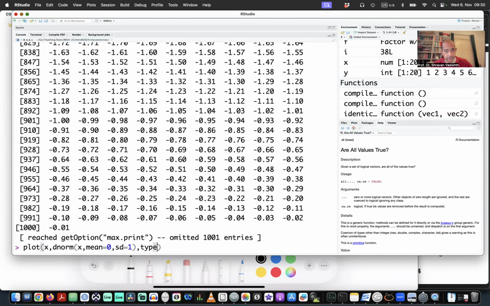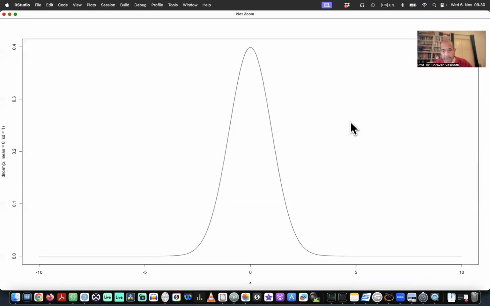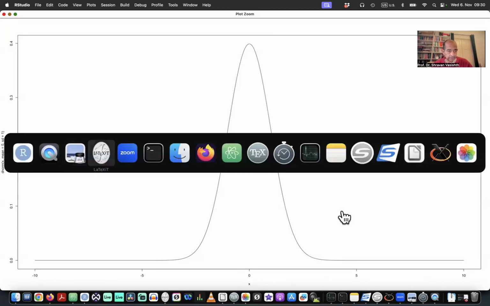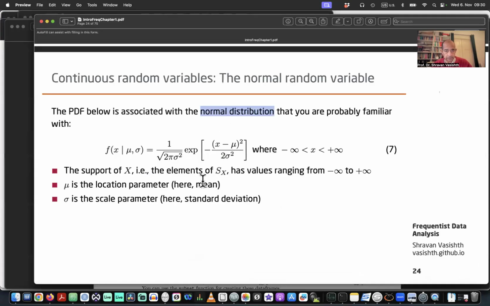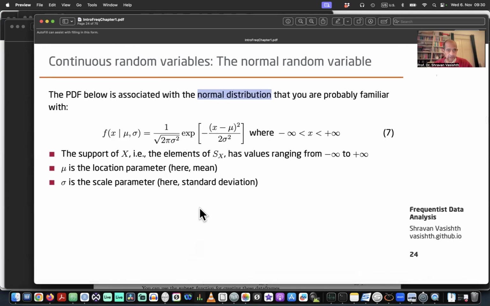Take a look at what I get. What I'm looking at now is the actual probability density function for different values of x, and this curve is defined by the equation that I showed you just now.